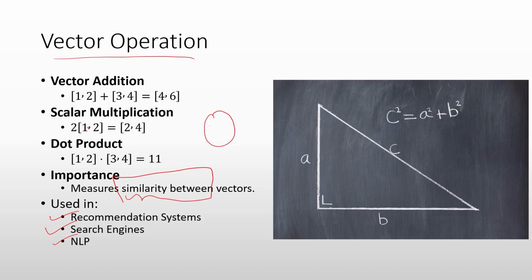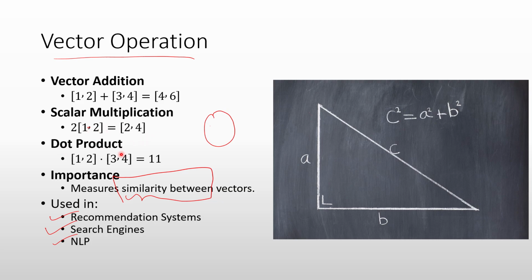Next, vector operations. We can do vector addition, like [1, 2] plus [3, 4] is equal to [4, 6]. Similarly, you can do scalar multiplication, like 2 into [1, 2]: 2 into 1 is 2, and 2 into 2 is 4.